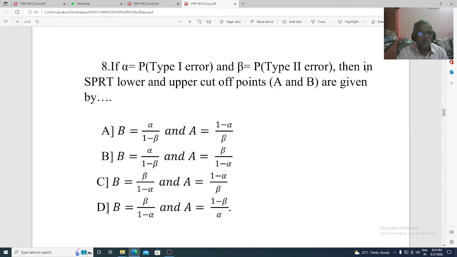Option B B equal to alpha divided by 1 minus beta and A equal to beta divided by 1 minus alpha. Option C B equal to beta divided by 1 minus alpha and A equal to 1 minus alpha divided by beta. Option D B equal to beta divided by 1 minus alpha and A equal to 1 minus beta divided by alpha. The correct option is option D.